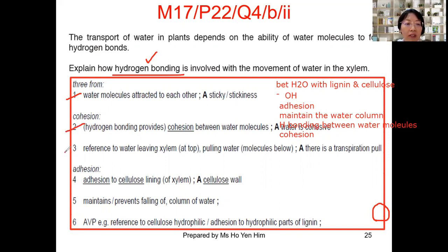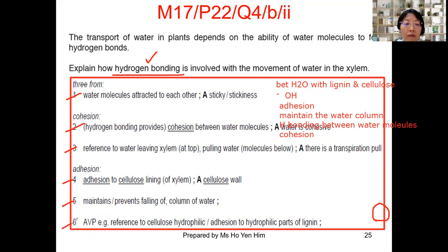So it is the cohesion tension that pulls the water molecules up the xylem vessel into the leaf. Okay, so see there's one mark here, right? Then there's an adhesion of water molecules to the cellulose lining or cellulose wall. This is to maintain the column of water so that it will not fall off.